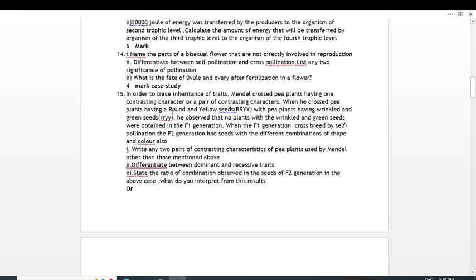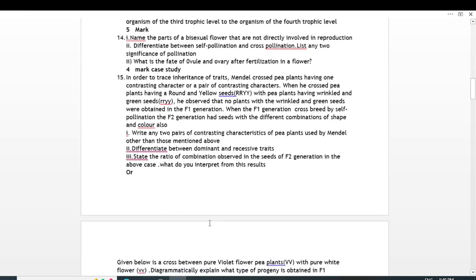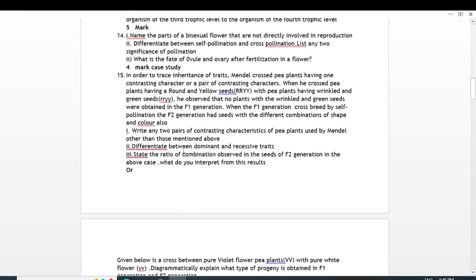So this round character can combine with the yellow also and with the green also. So one type is round and yellow, another round and green. The same way, the wrinkled character can be joined with both other characters. So wrinkled yellow and wrinkled green. So like that he will get 4 different types of plants.